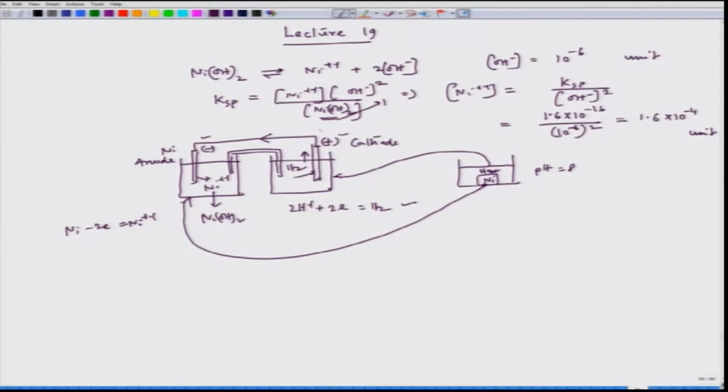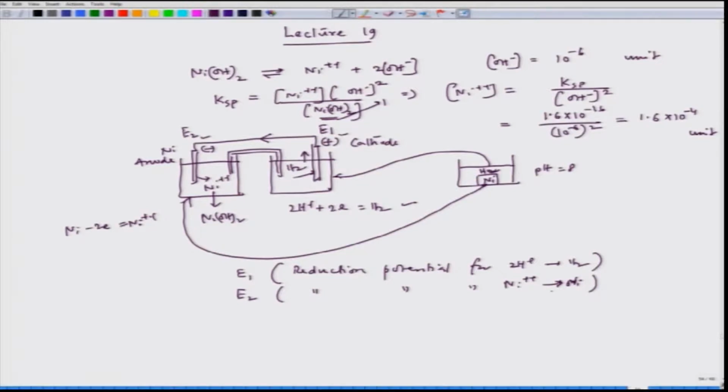So, now the potential E1 which is set up on this right side should be greater than the potential on the left side, and this potential of course, our convention is we will take reduction potential. So, E1 which is a reduction potential for H+ going to H2 and E2 reduction potential for Ni++ going to Ni.